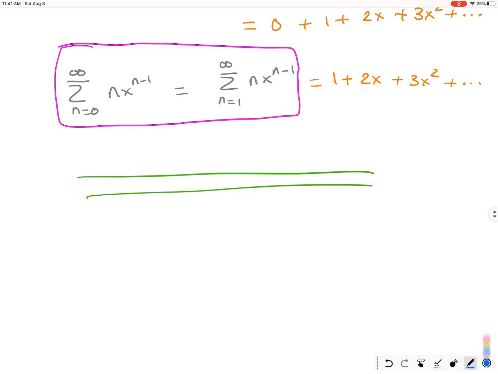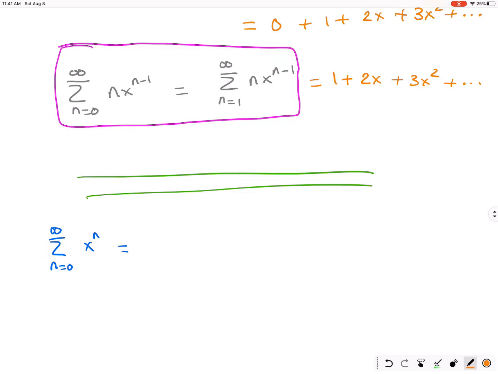Again, I'm going to start with this very simple summation, n equals 0 to infinity of x raised to the n. So in this situation, if I applied the 0 first, what do I get when I do all my terms?